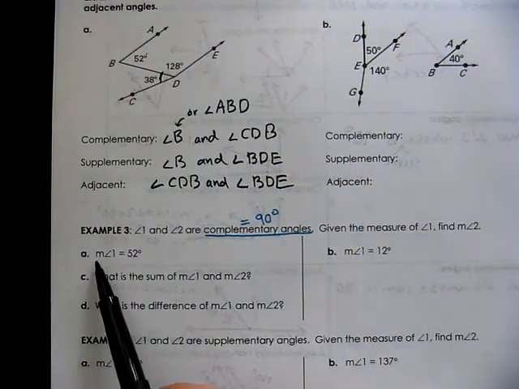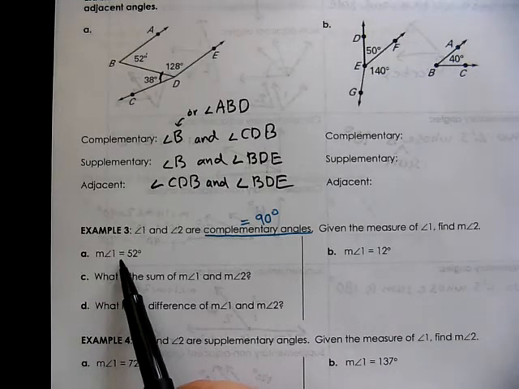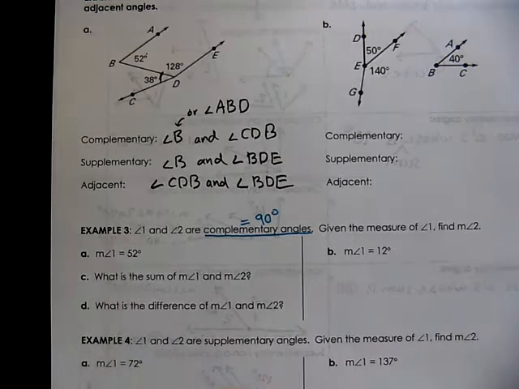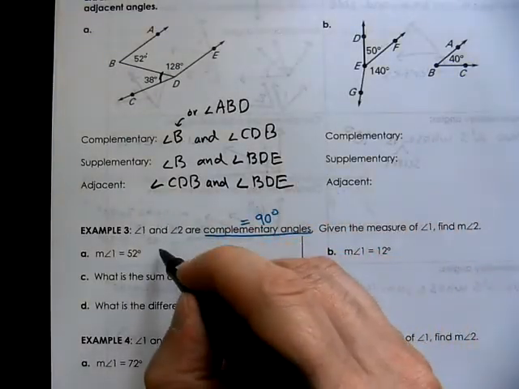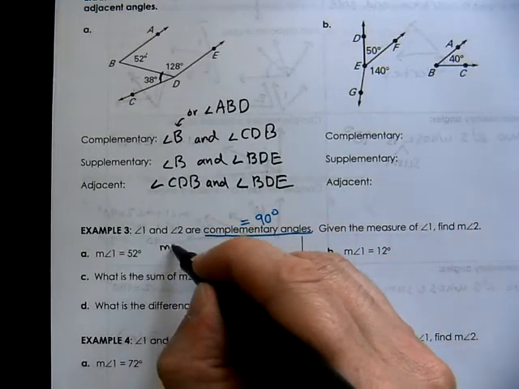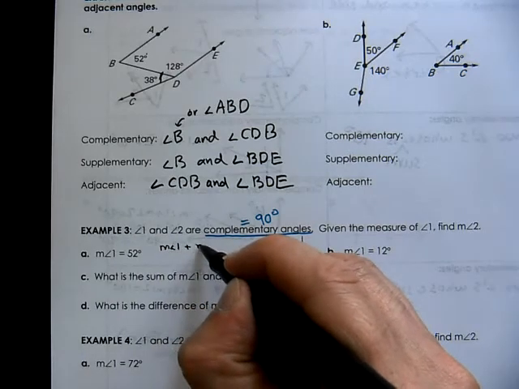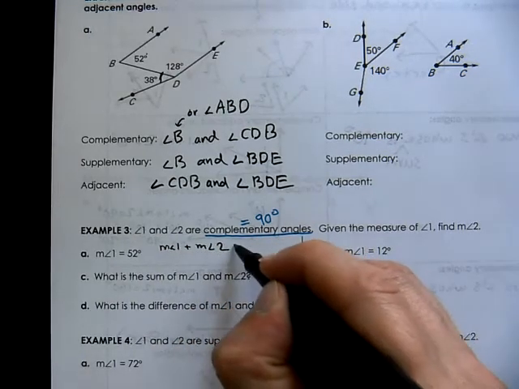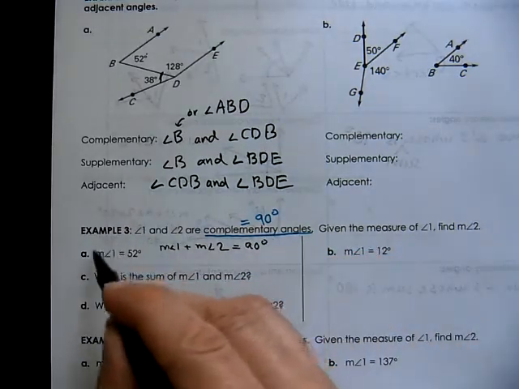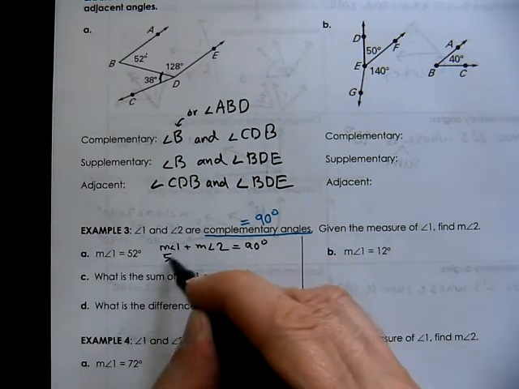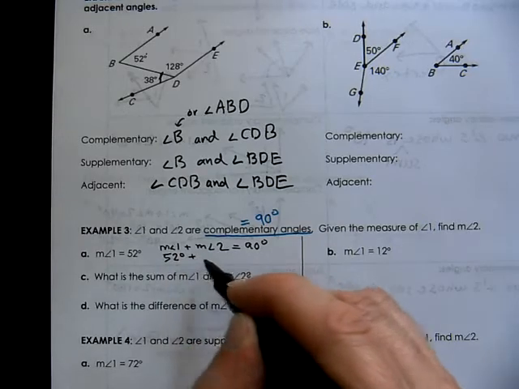We're told one of the two, and we have to find the other. If we have the measure of angle 1 plus the measure of angle 2, we know they have to add up to 90 degrees. If the measure of angle 1 is 52 degrees, there's our substitution.